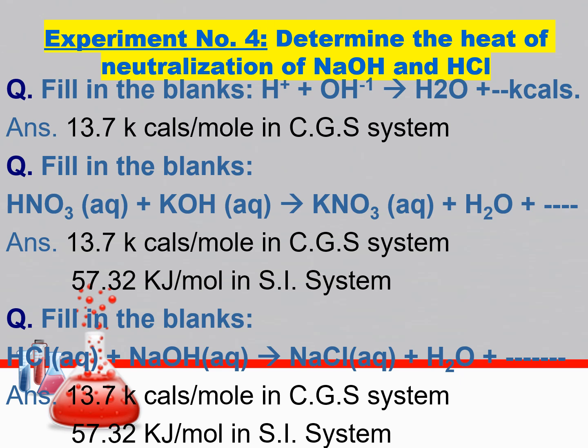Due to the formation of water, others are spectator ions, and always water is formed in such neutralization reaction. Due to that, the answer is same, 13.7 kilocalories per mole in CGS system, and in SI system 57.32 kilojoule per mole.